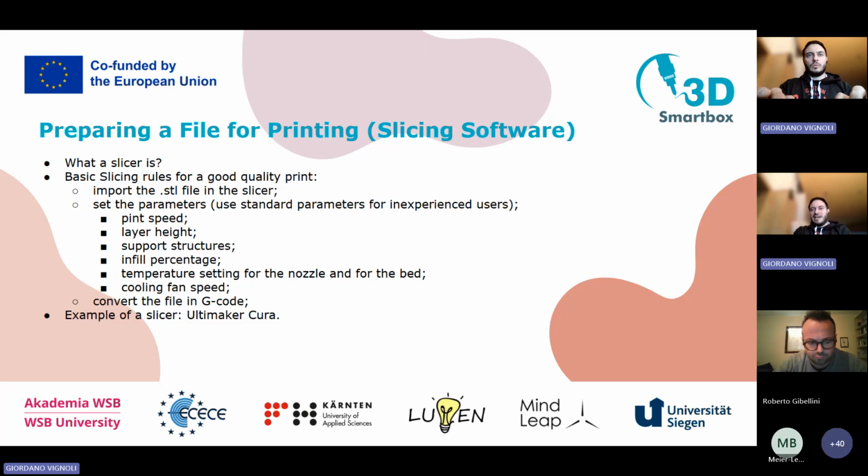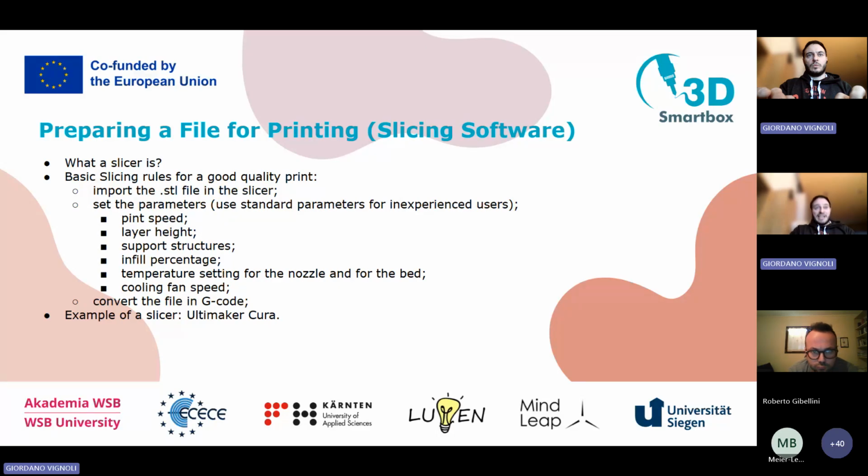We will see what a slicer is because I will show you one of the most common and free slicers. But if you buy a 3D printer, many brands have their own slicer. Others use a free one with their parameters.